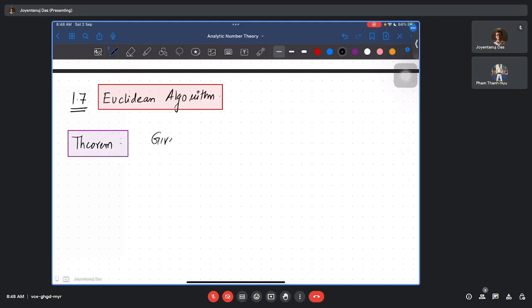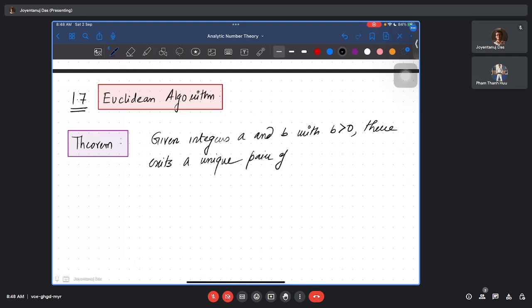Given integers a and b with b positive, there exists a unique pair of integers q and r such that I can write a as bq plus r, where r is non-negative and strictly less than b.